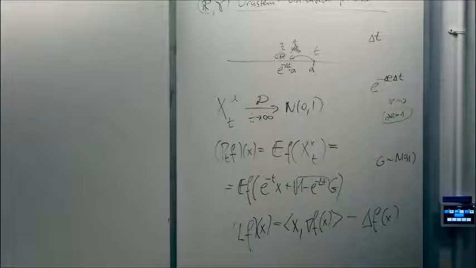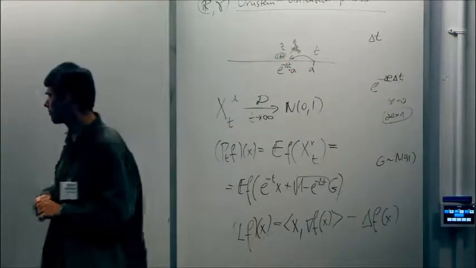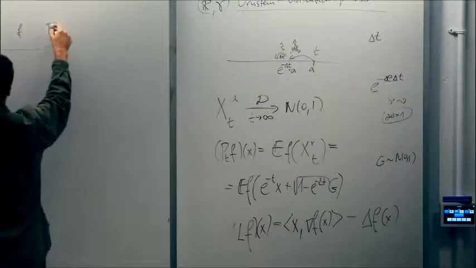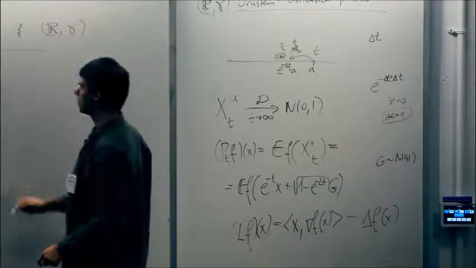But actually, also, one can view this thing as very strongly related to the Ornstein-Uhlenbeck process. And what is the reason? Imagine that you have some function on the real line. And you consider this real line with Gaussian density.